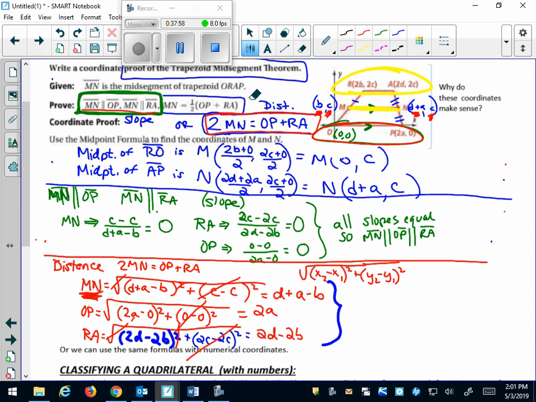Now we're going to plug in to what we're trying to prove. 2mn equals OP plus RA. So we're going to substitute in 2 times, what do we get as mn? D plus A minus B. Now we're going to plug in for OP. What do we get for OP? 2A. And what do we get for RA?